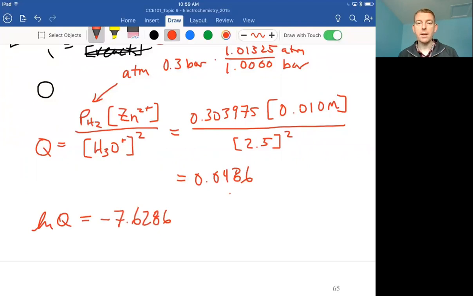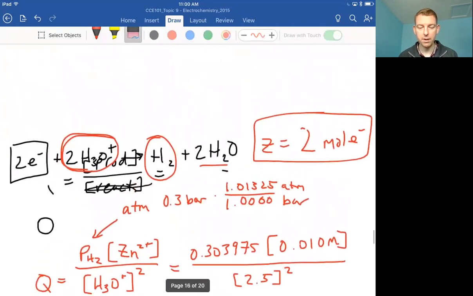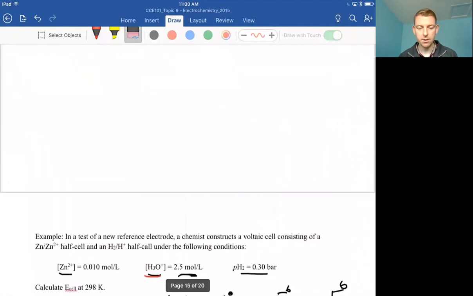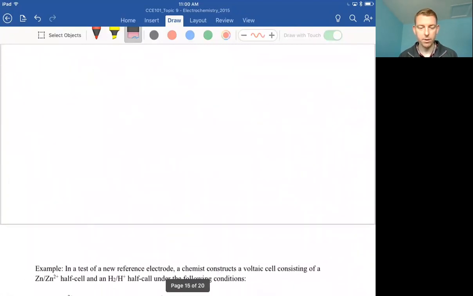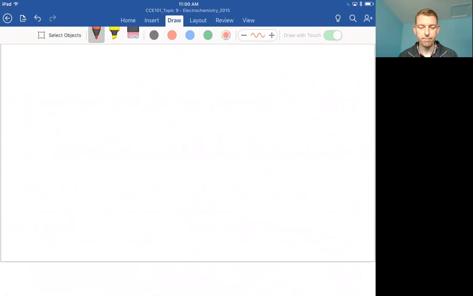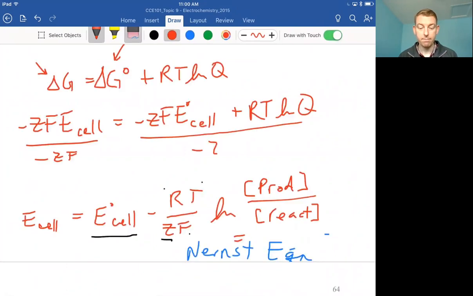Okay, so now we can complete the Nernst equation. I'm going to need some space for that, so let's hope that this will all play ball. Let's just go up here and try to fill it in with the one that we already had. Here we go.